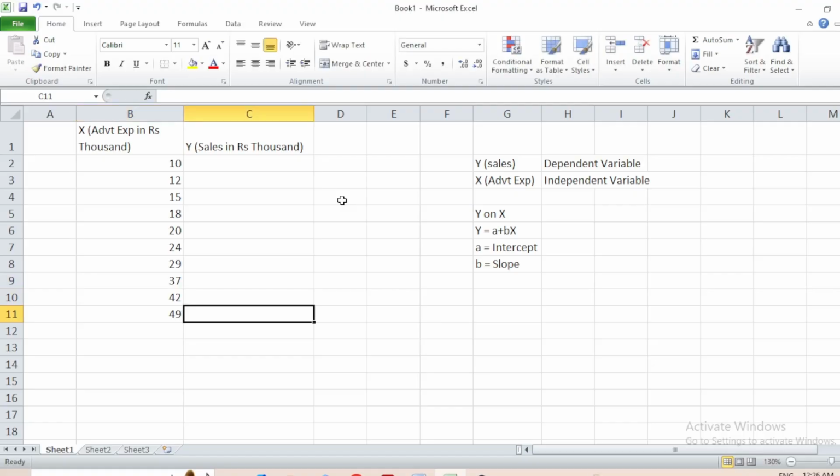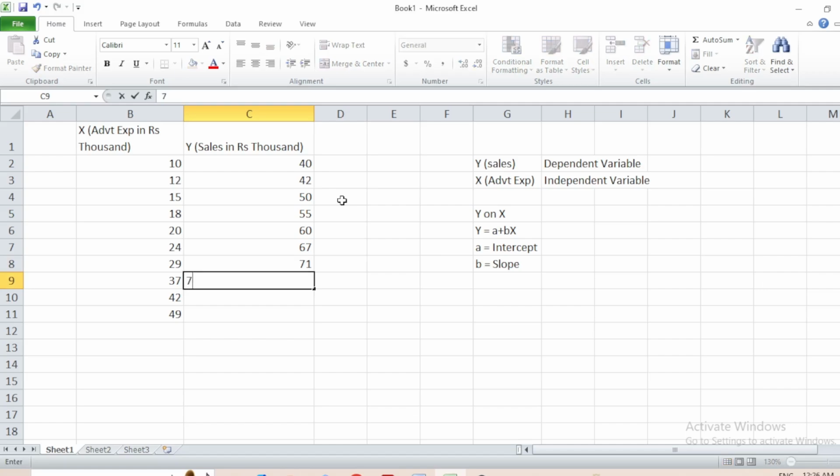For the 10 years the data is being given. Now for sales, let us assume the data is 40, 42, 50, 55, 60, 67, 71, 78, 84 and 90. Let us make this 50.